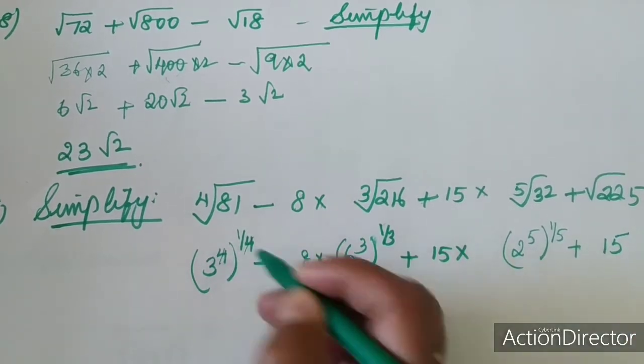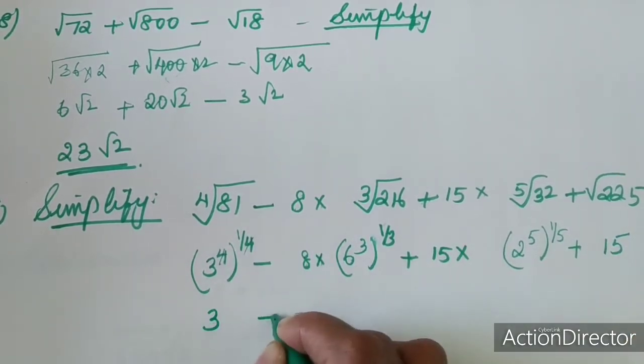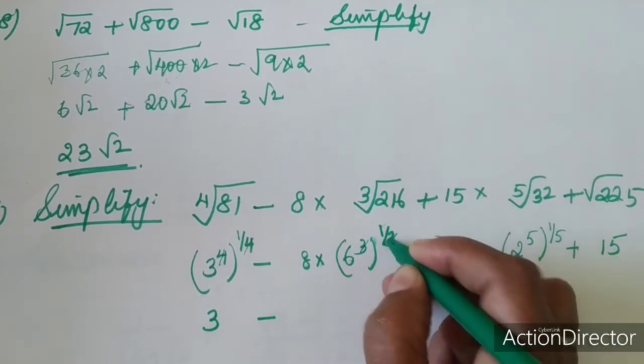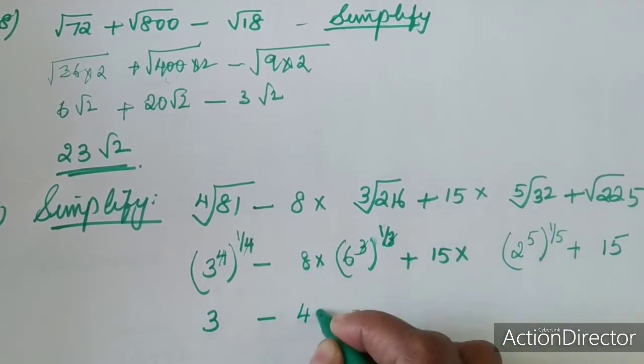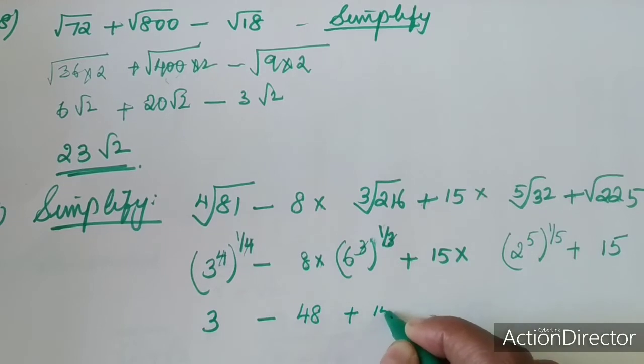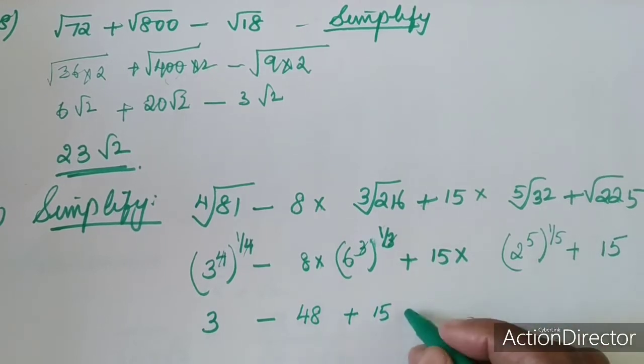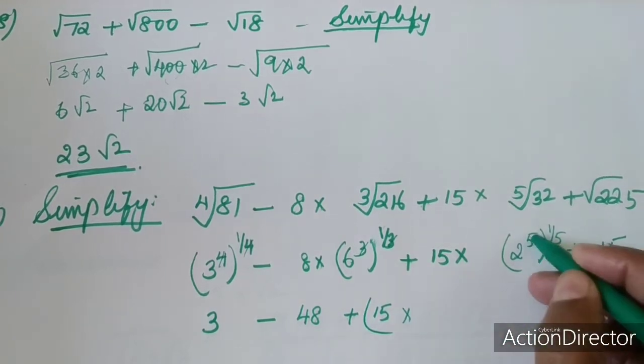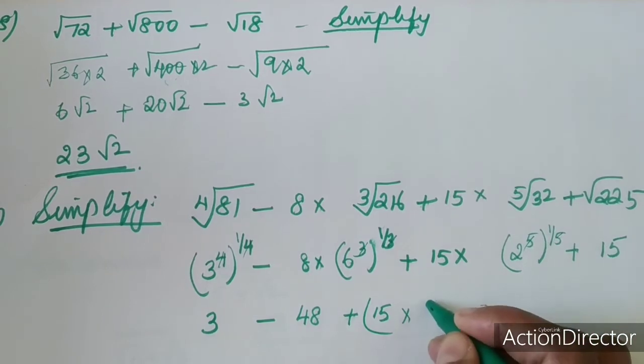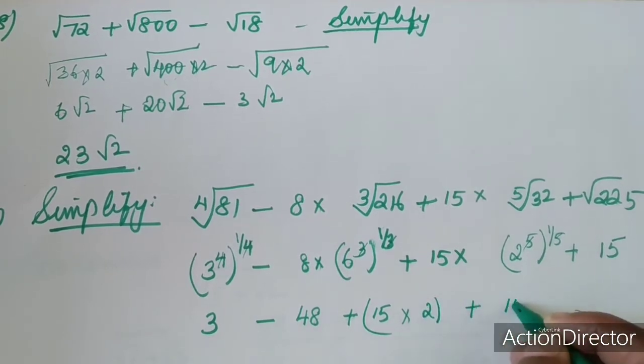So the 4 and 4 will get cancelled, I'll get 3. Minus, and again 3 and 3 will get cancelled, 8 6s are 48, plus 15, and the 5 and 5 will get cancelled, so it is 2, plus 15.